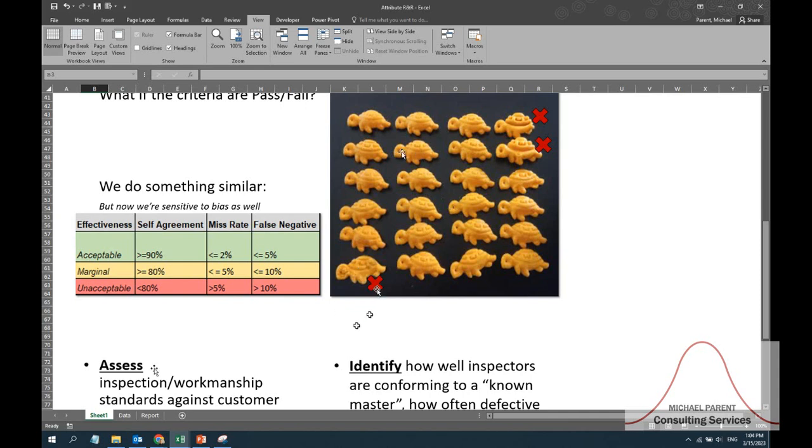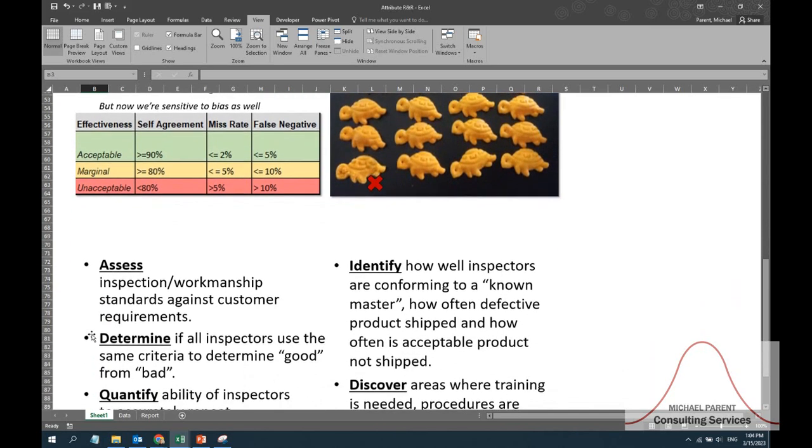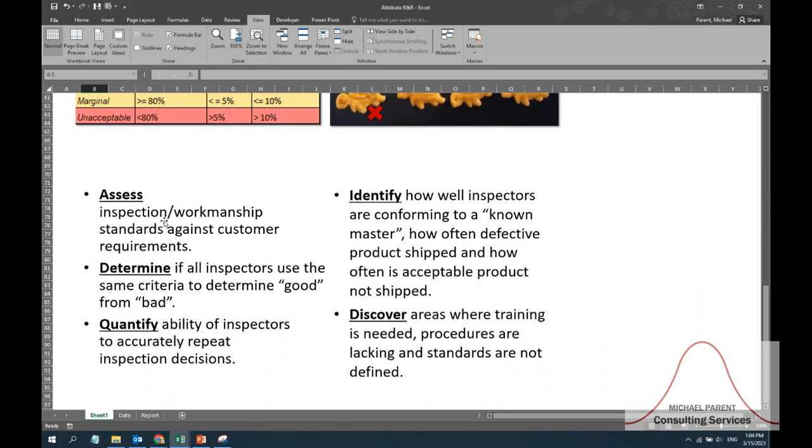If not, we have a bad measurement system because there's some bias in some way that needs to be remedied, and we need to figure out what that is. So the attribute analysis, or attribute R&R, for measurement system analysis is used for all these reasons. We want to assess the inspection and workmanship standards across my customer requirements.